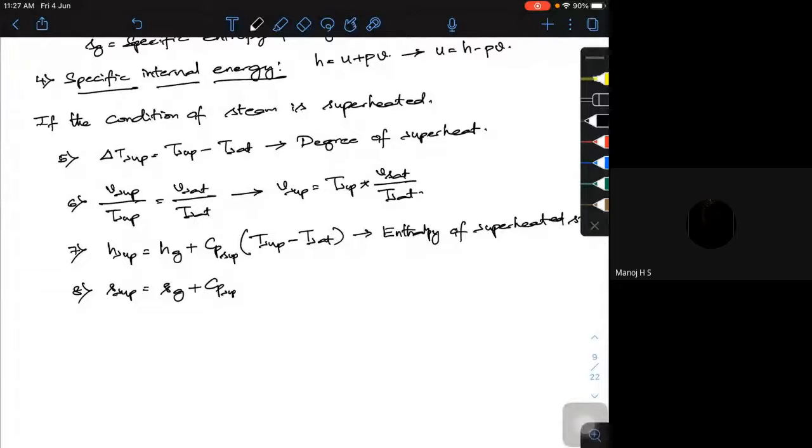This is the entropy of superheated steam. Like this, you can look into each quantity and calculate it.